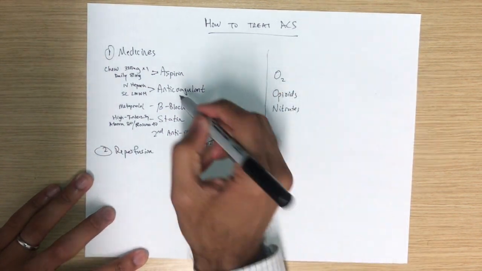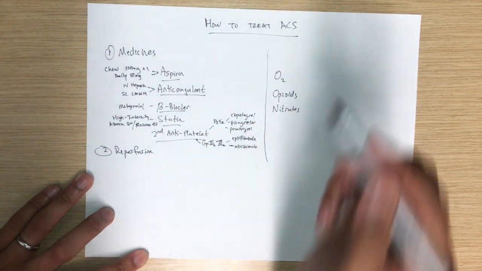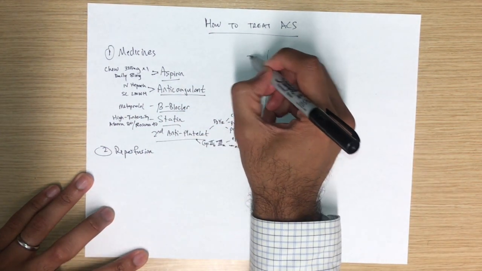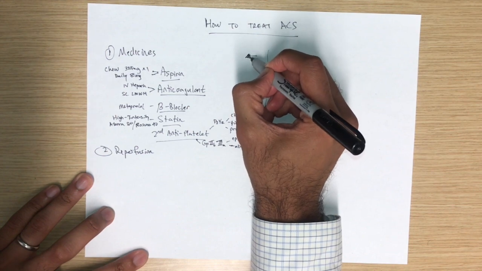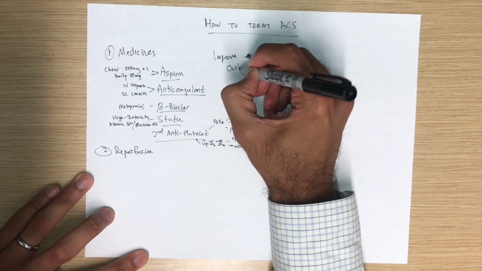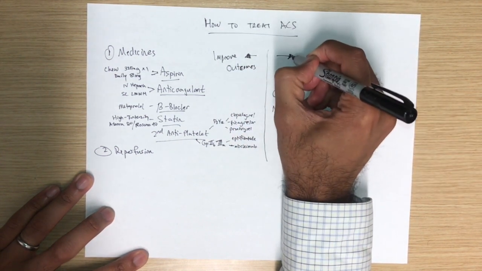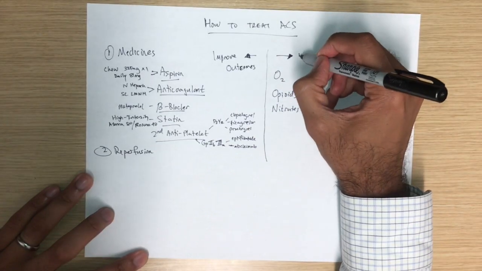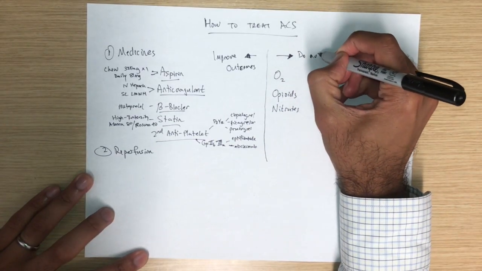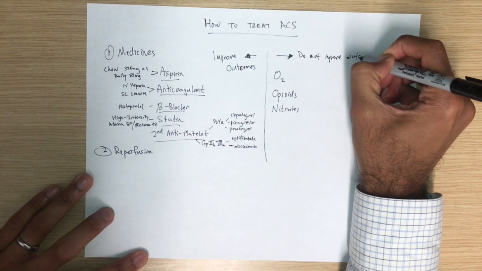So all of these medicines, aspirin, anticoagulation, beta blocker, statin, and second antiplatelet agent, all of these ones on the left side of this line improve outcomes in people with ACS. The medicines on the right side of this line, or the treatments on the right side of this line, have not been shown to improve outcomes.